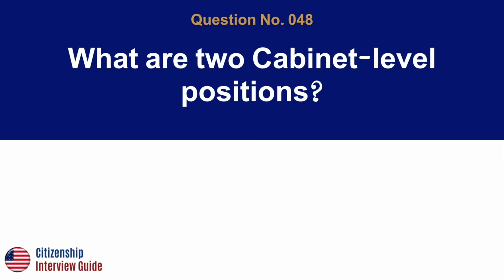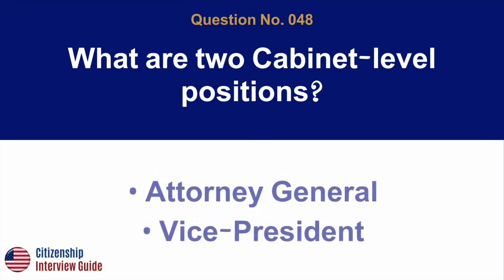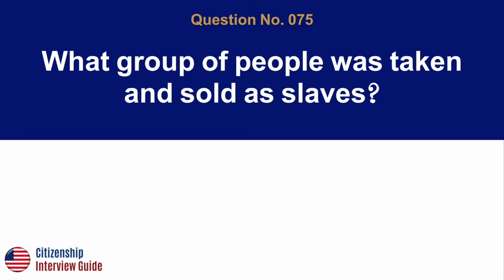What are 2 cabinet-level positions? Attorney General. Vice President. What group of people was taken and sold as slaves? Africans.